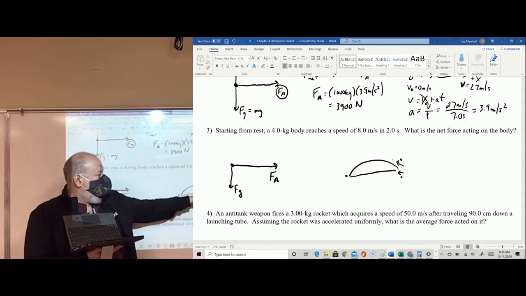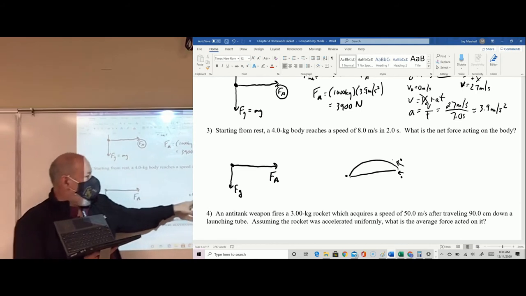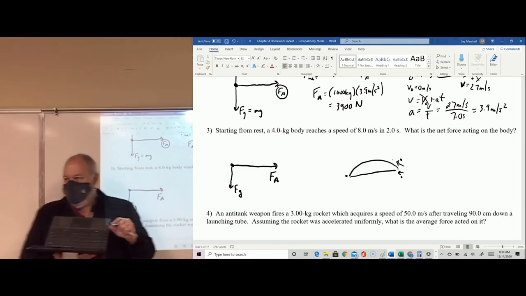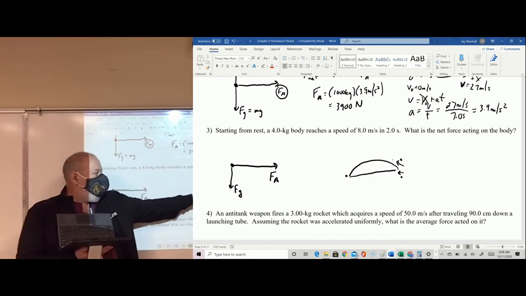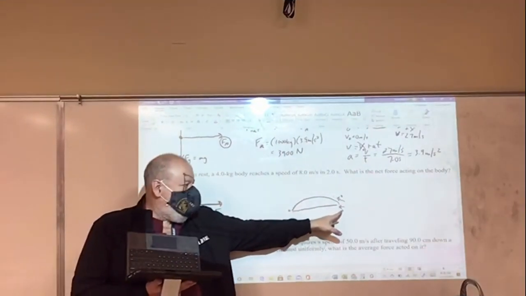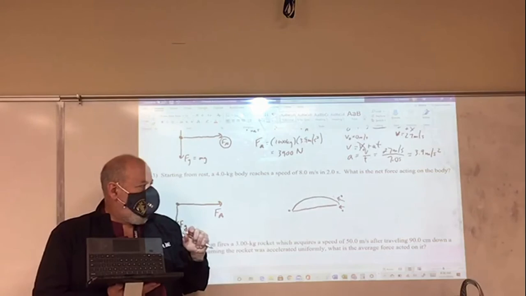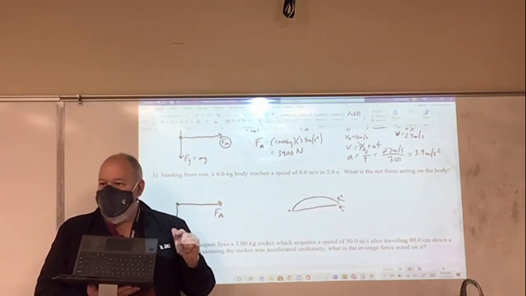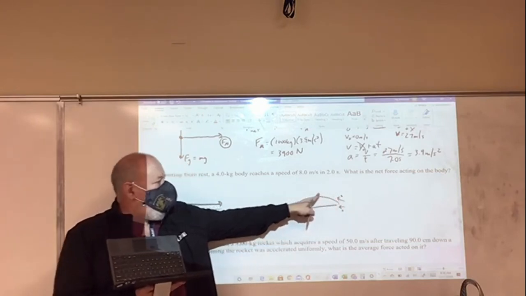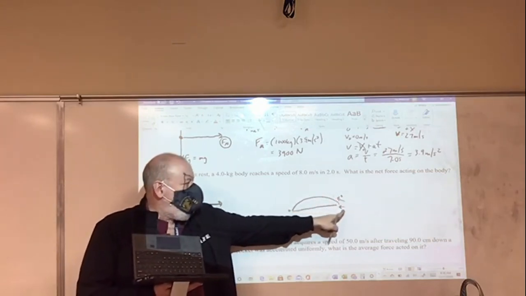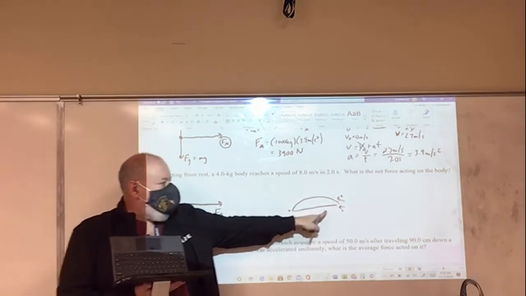Which of these particles is going to have to go faster to get to the back of the wing at the same time? And why? It's going further, right? This has to go further in the same amount of time as this particle.